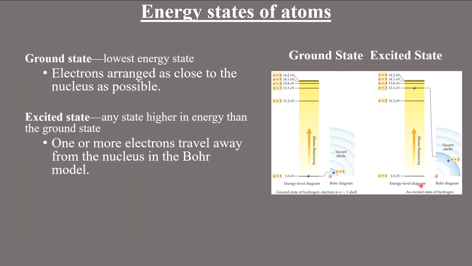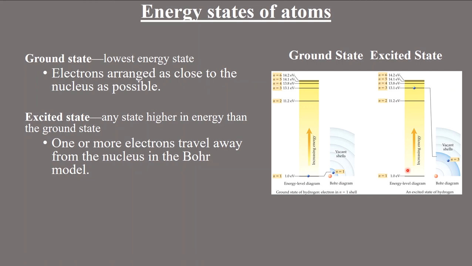However, when enough energy is added to the atom, for instance by heating or by passing an electric current, its electrons can jump from the first shell, or the ground shell, to the excited or higher energy shells. When this happens, we say that the energy is absorbed by the atom, and now the atom is in an excited state.